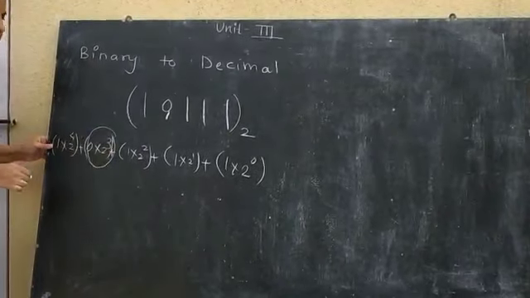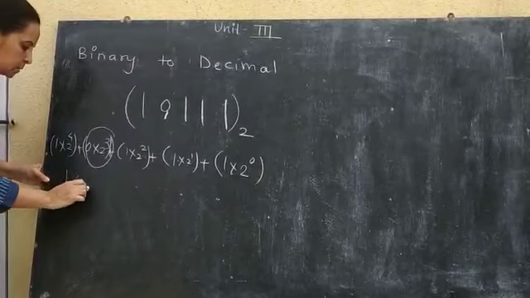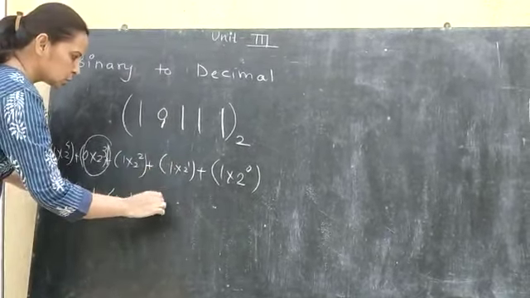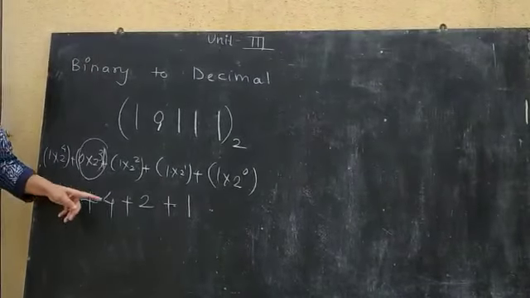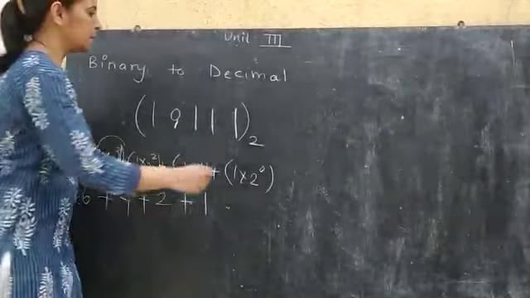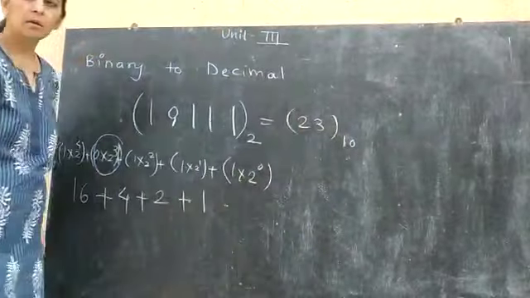Out of that, this is 0, so we don't want this. 2 raised to 4 is 16, plus 2 raised to 2 is 4, plus 2 raised to 1 is 2, plus 2 raised to 0 is 1. So 16 plus 4, 20, 22, and this one is 23. So this is 23 in decimal.